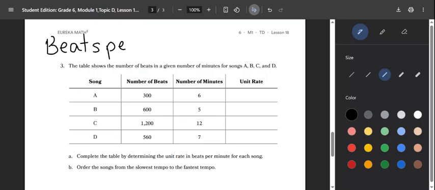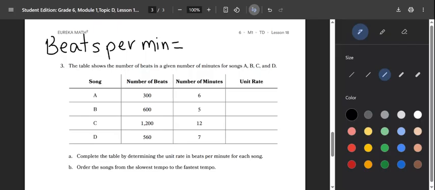Remember, per means for every one. So we need the number of beats for every 1 minute. When you're making a unit rate, all you have to do is divide the two quantities. But with division, order matters. So you have to make sure that the quantity that you want to be 1 is the divisor.